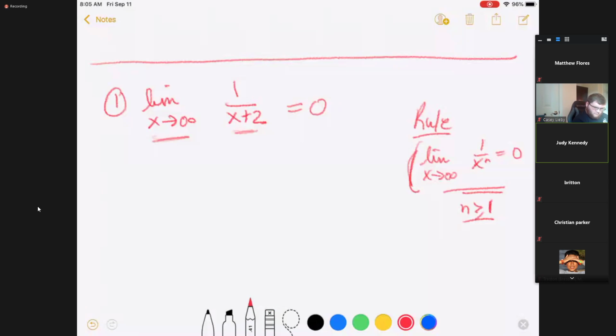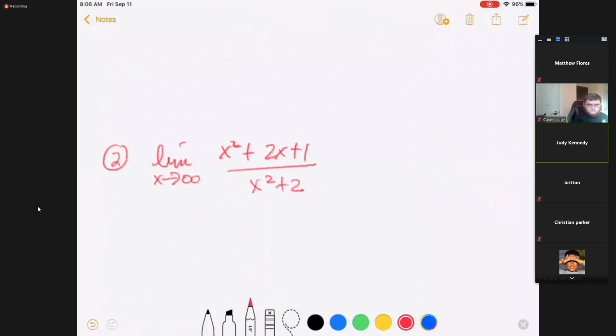Yeah, that helps. Then this is always true. But just think about it. If x is a large number, x plus 2 is even larger. And then I take 1 over the large number x plus 2. That's a number close to 0. The larger x is, the closer 1 over x plus 2 is to 0. So the limit in a case like this is 0.